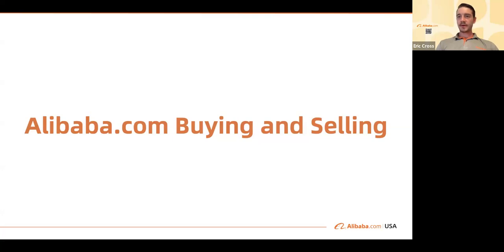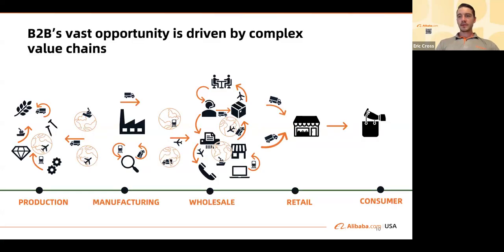So I will just give a little bit of background about what it means to be buying or selling or both on Alibaba.com. So the reason that the value traded in B2B is so enormous compared to that of D2C is really because the value chains are more complex. There are a lot more value added steps in a traditional B2B value chain compared to a D2C one, which is typically retail to consumer.